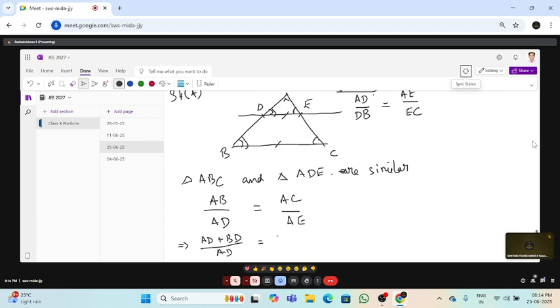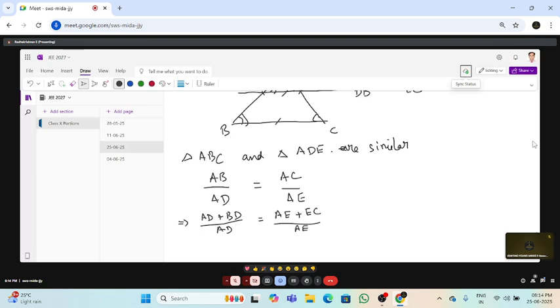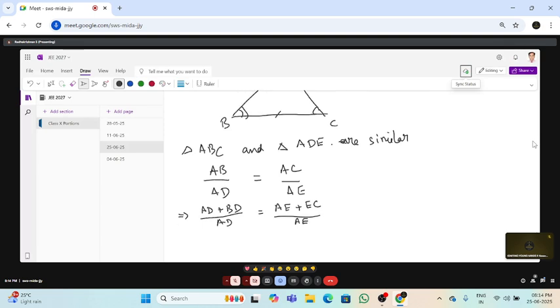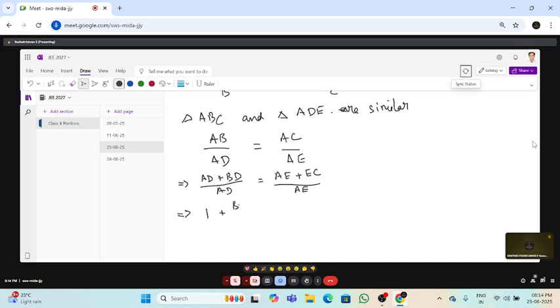What is AC? AE plus EC. So this is 1 plus BD by AD equal to 1 plus EC by AE. Correct?